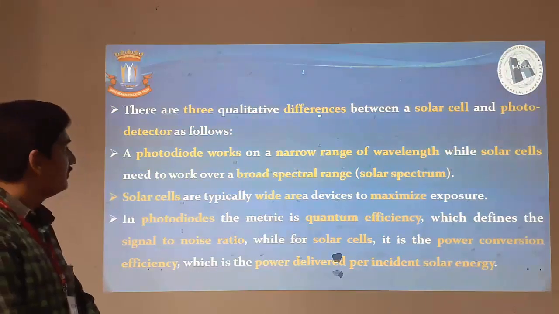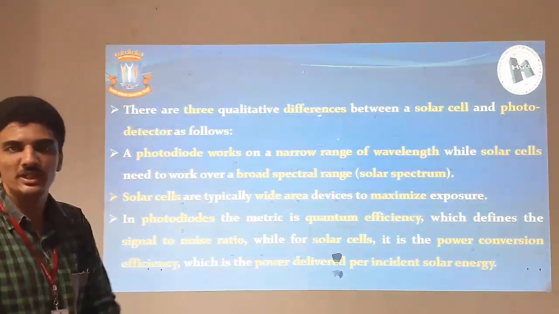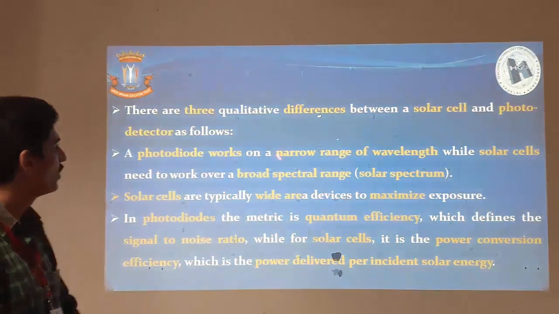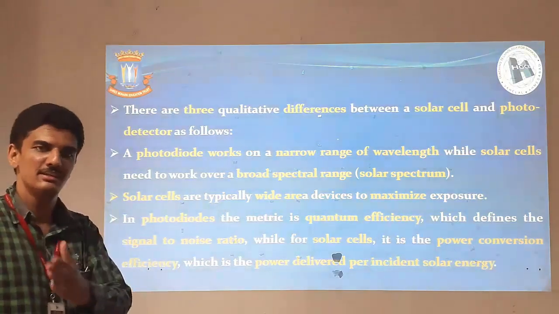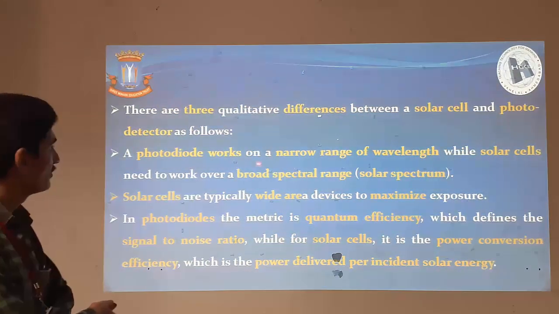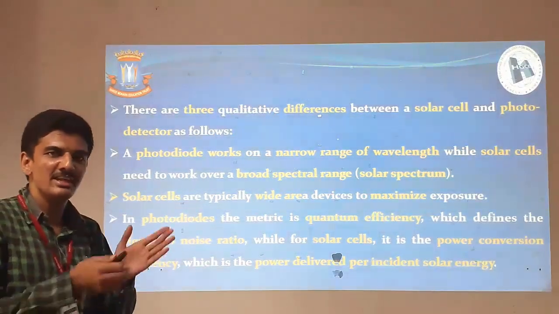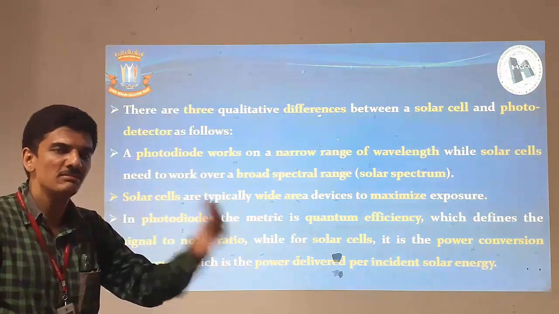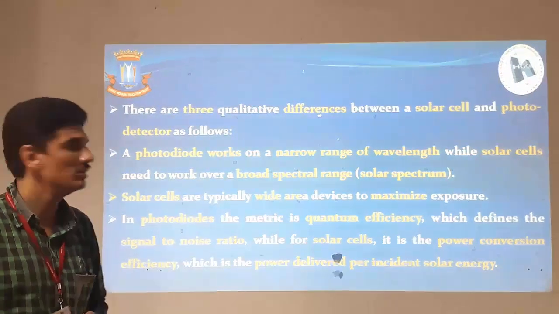Next, if we look at the major differences between the solar cell and photodetectors, we will see only three qualitative differences. A photodiode works on a narrow range of wavelength. When I am considering a narrow range of wavelength, consequently I am considering a narrow range of frequencies also.